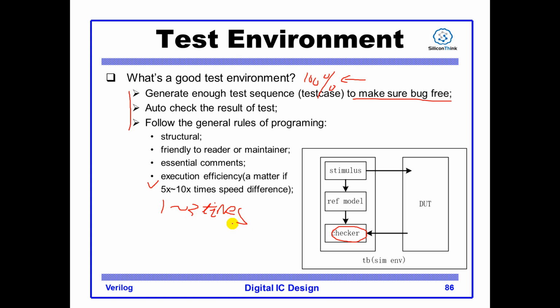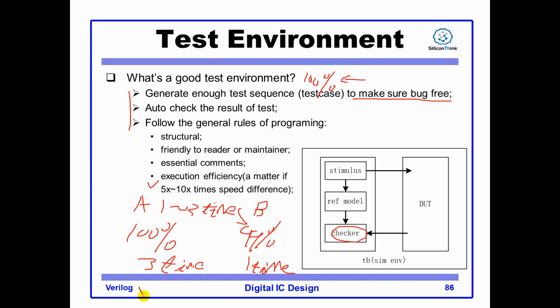For example, if you have a test environment A with 100% coverage but 3 times slower, and a test environment B with 99% coverage but it runs very fast, which one is better?